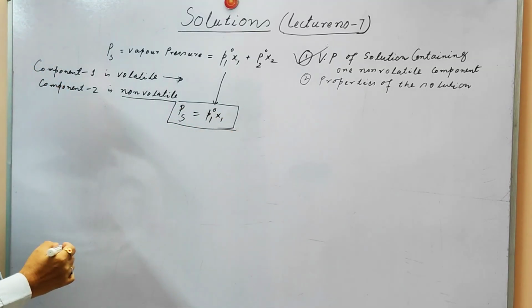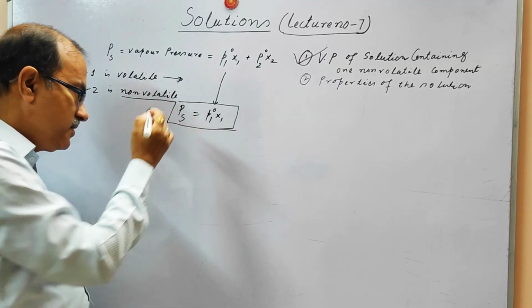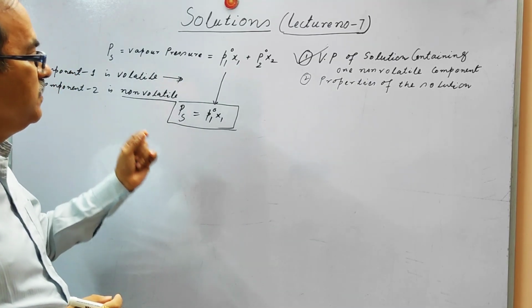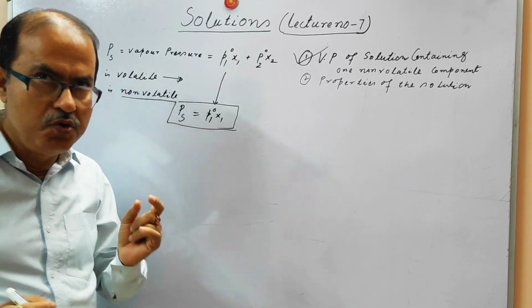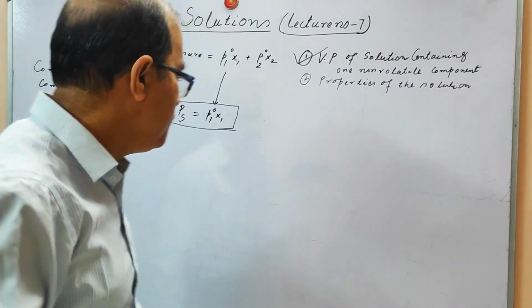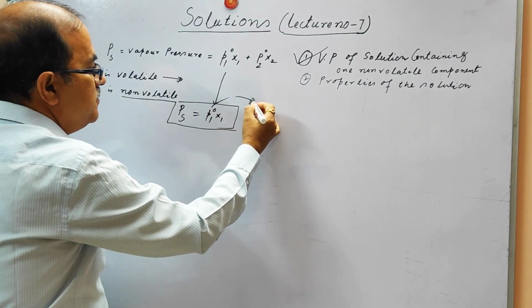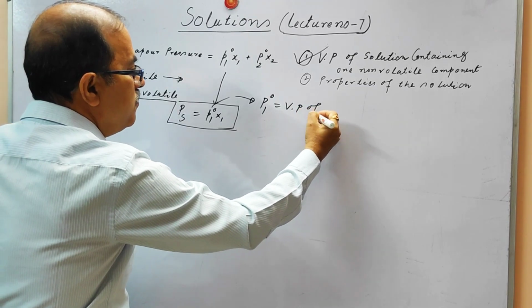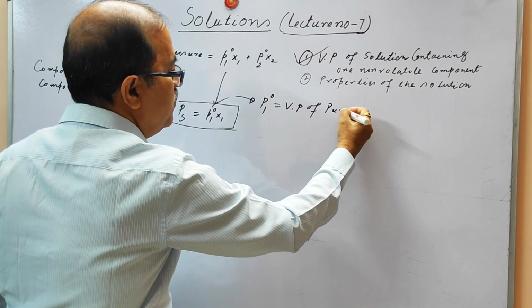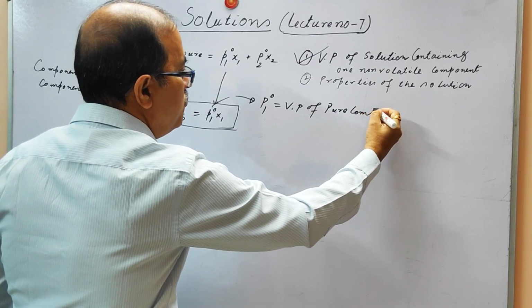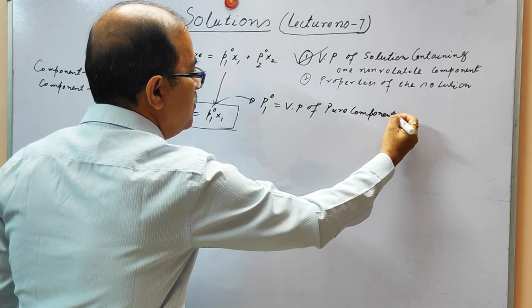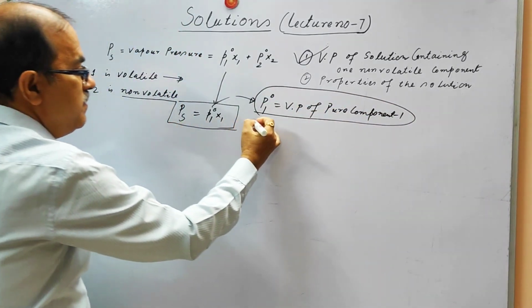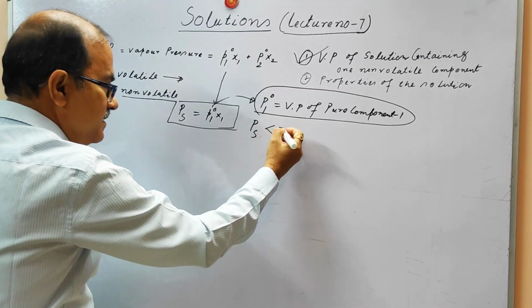From this equation you can understand that the vapor pressure of the solution will be less than the vapor pressure of the pure component 1, which is designated P1⁰.